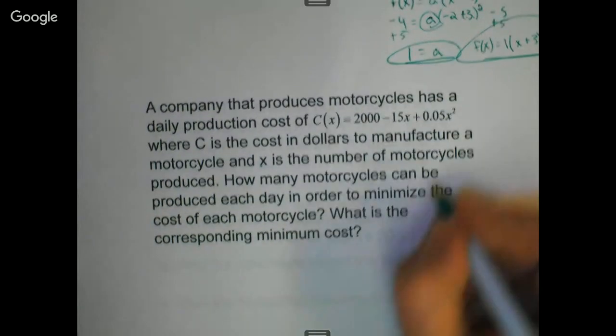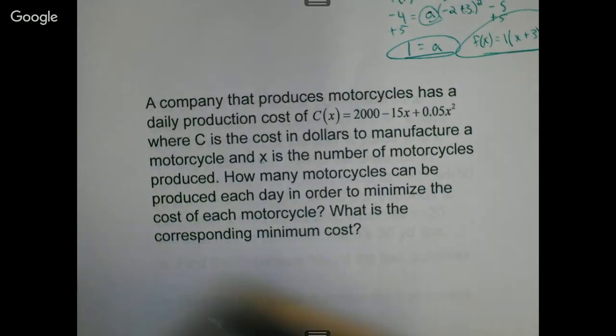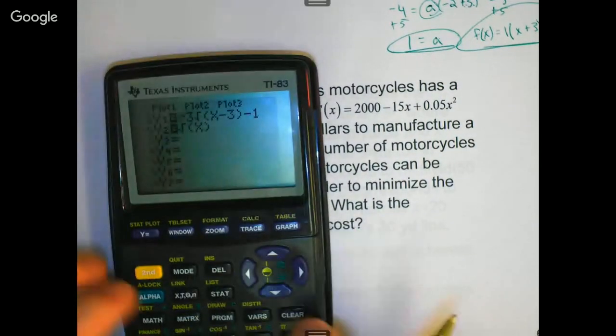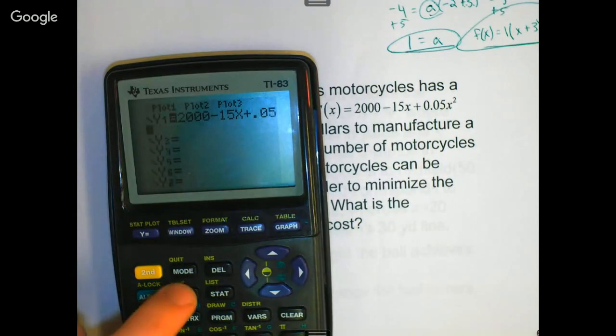So we can do this one on a graphing calculator to kind of speed up the process here. And you will want to know how to do this. So if I clear some of this out, I have 2,000 minus 15x plus 0.05 x squared.